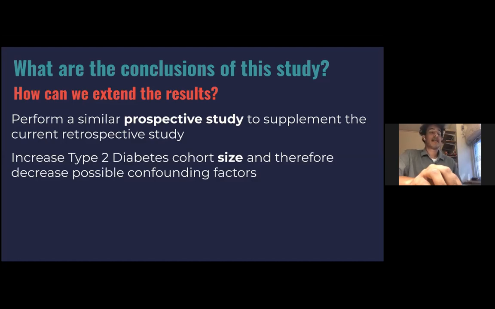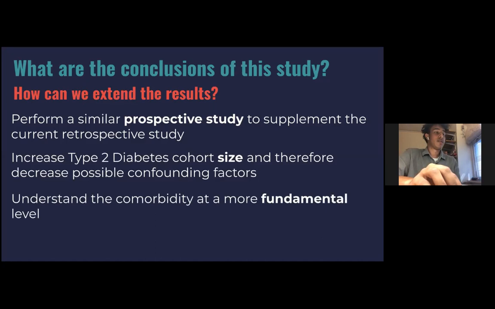And size of the cohort really matters in these kinds of analyses, because the statistics that the researchers take advantage of in this case really depend heavily on size. And when the comparative size, as in this case, is really small, we can get a lot of what's called confounding factors in our analyses, which are basically just factors that we don't necessarily care about, but are affecting our results.